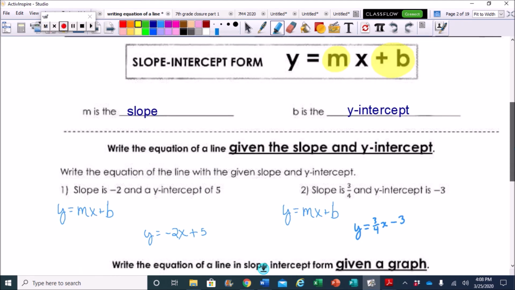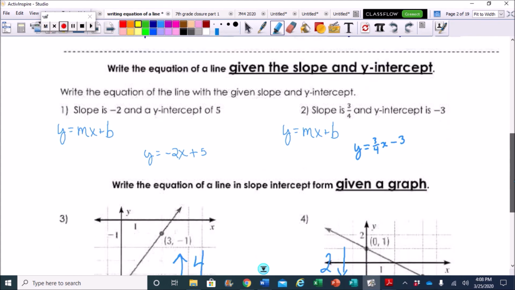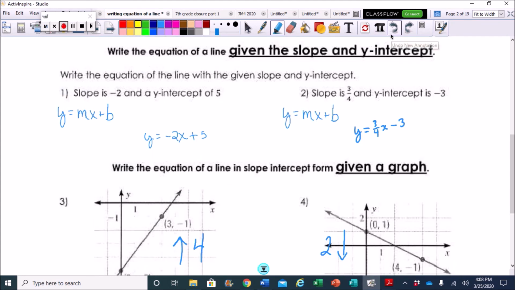Write the equation of a line given the slope and the y-intercept. So we know that the slope is -2, and the y-intercept is +5.